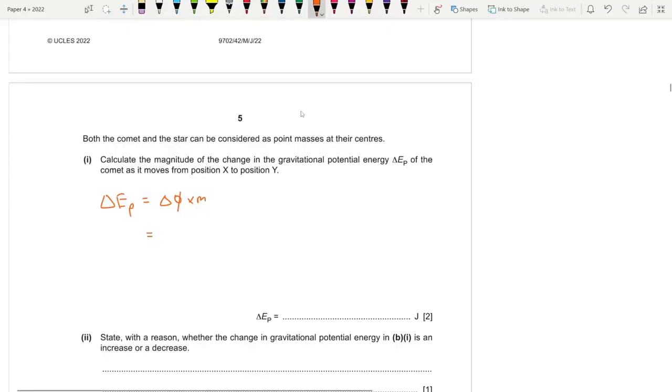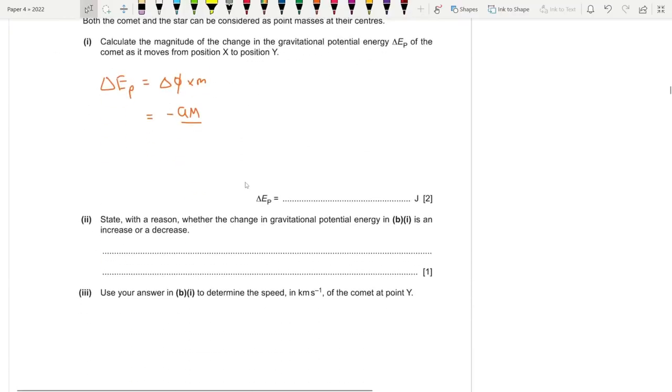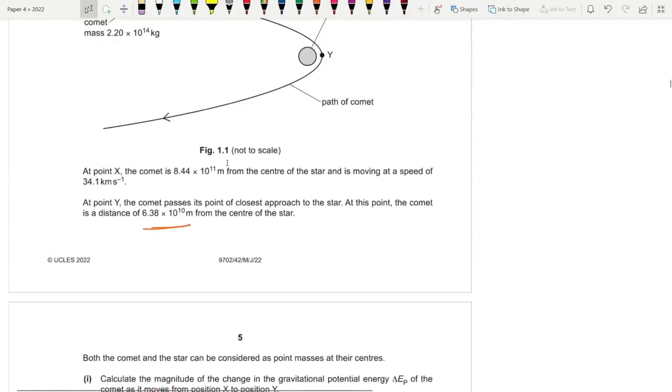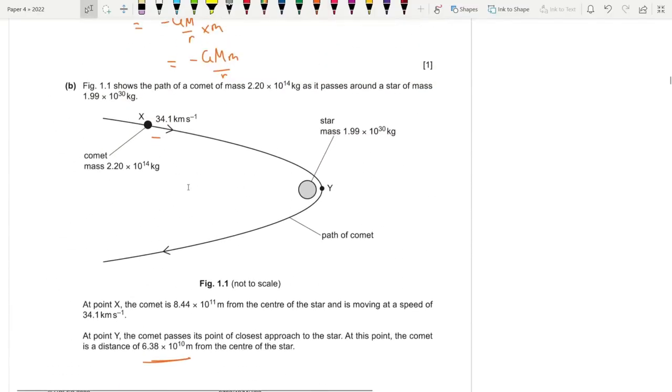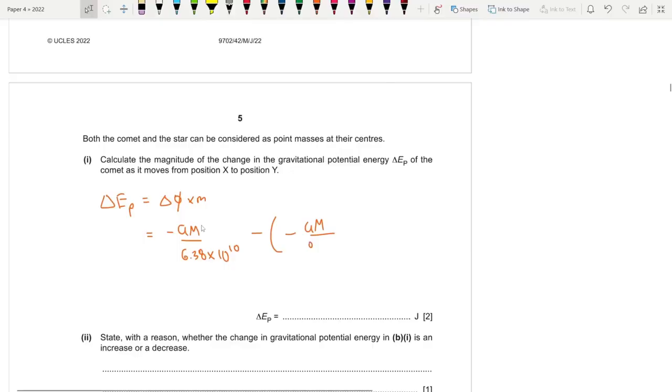So it's actually minus GM by 6.38 × 10^10, minus minus GM by 8.44 × 10^11. That was our initial distance, okay? And the whole thing should be multiplied by mass.